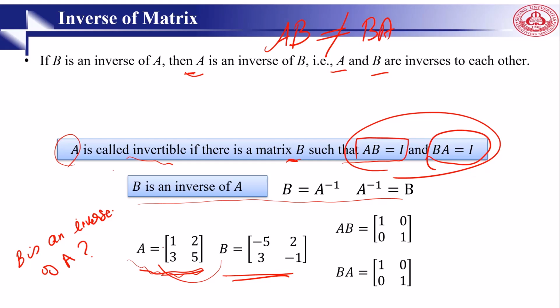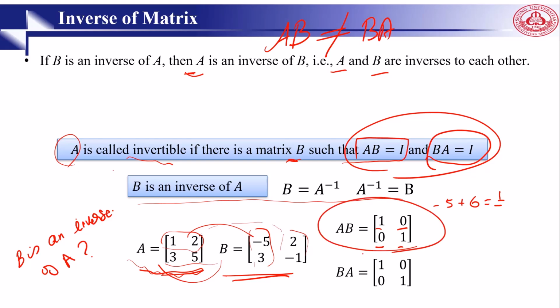This row multiplied by this column gives you 1: 1 times minus 5 is minus 5, plus 2 times 3 is 6, then it gives you 1. Next, 1 times 2, plus 2 times minus 1, gives you 0. 3 times minus 5, plus 5 times 3, gives you 0. 3 times 2, plus 5 times minus 1, gives you 1. So it's an identity matrix.